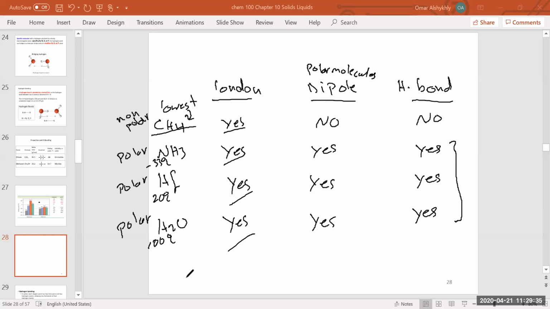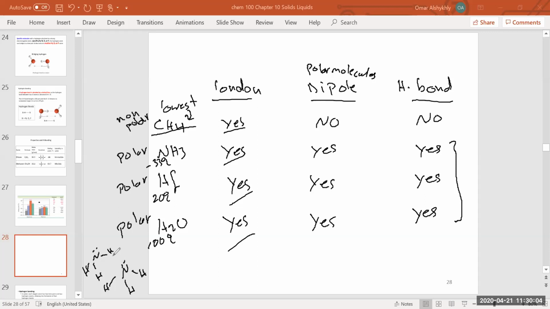So look here. Ammonia. Put another ammonia close to it. So here, how many hydrogen bonds could they form?